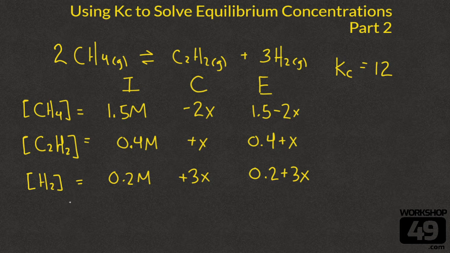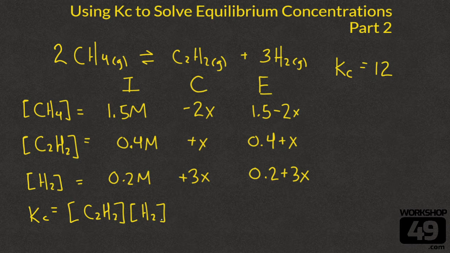Kc is equal to our products, C2H2, which has a coefficient of 1, so it has a power of 1, and our concentration of our other product, hydrogen, which has an exponent of 3, and this is all over our reactant, CH4, which will have an exponent of 2.